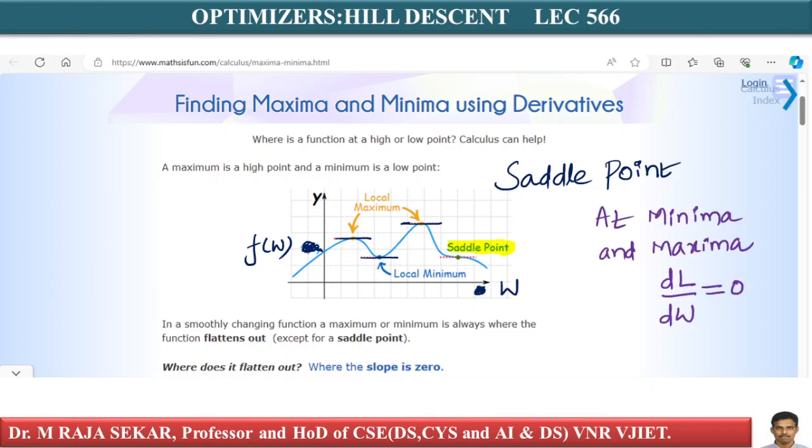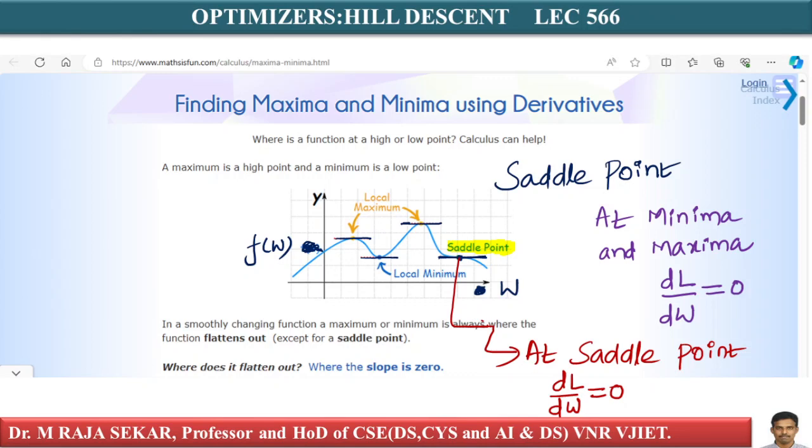At maxima and minima, the derivative of loss with respect to w is 0. Even if you take the tangent at a saddle point, it is parallel to the w axis. So even at saddle point, your derivative of L with respect to w is equal to 0.